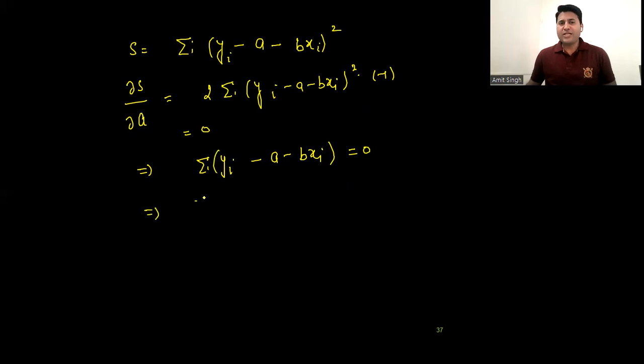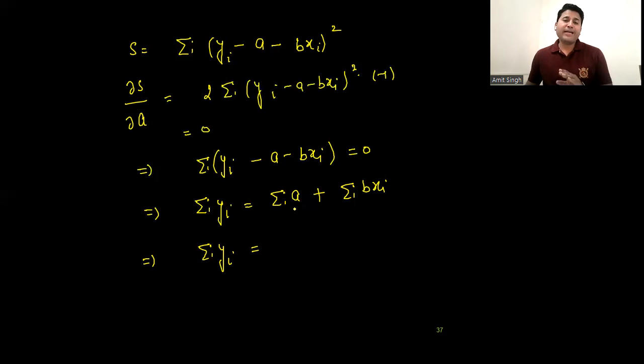Now distribute the summation. So summation of yi equals summation of a plus summation of bxi. Summation of yi equals, now we are doing summation of a n times, so a plus a up to n times gives you n times a. The constant comes out, and this is the first equation.